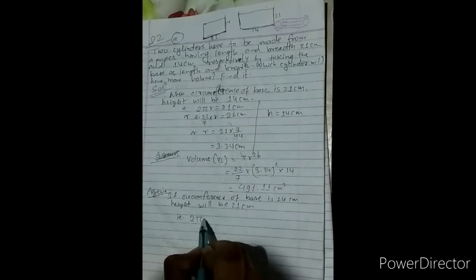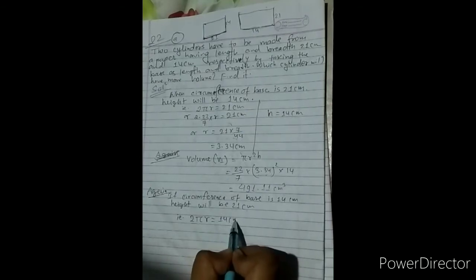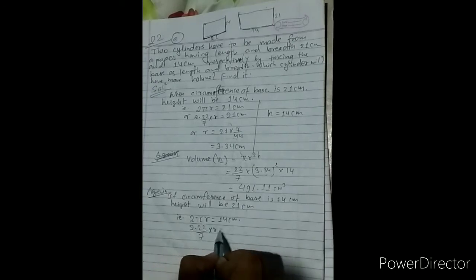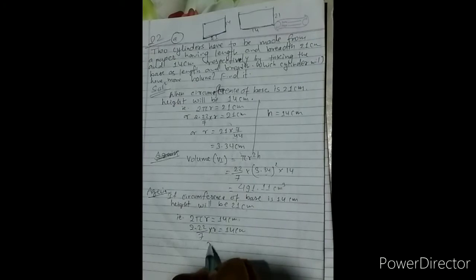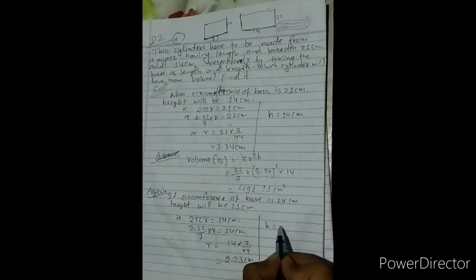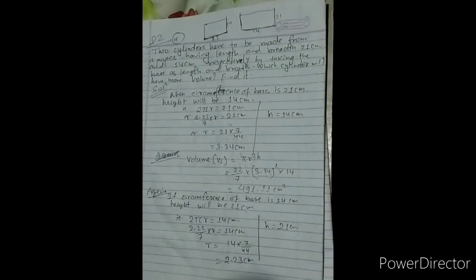So 2 pi r is equal to 14 centimeter. 2 into 22 by 7 into r is equal to 14. R is equal to 14 into 7 divided by 44, it will be 2.23 we can write, and your height is 21 centimeter. Let's find the volume here.